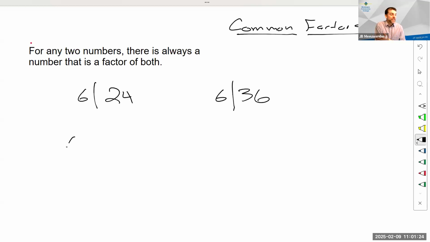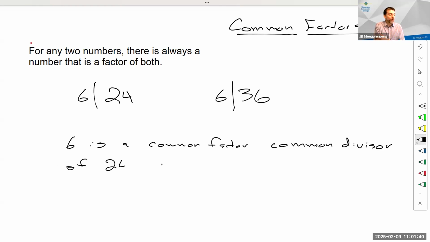So that means 6 is a common factor, or you can even call it a common divisor of 24 and 36. So you think of common factors as a number that's going to go into both of the numbers that you are examining. Okay? So we're going to explore this a little bit more.